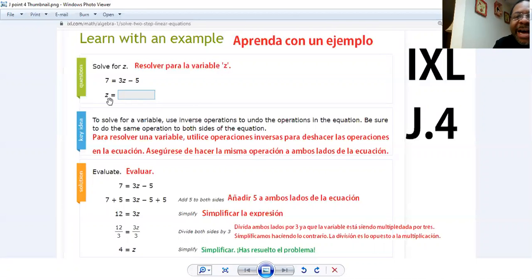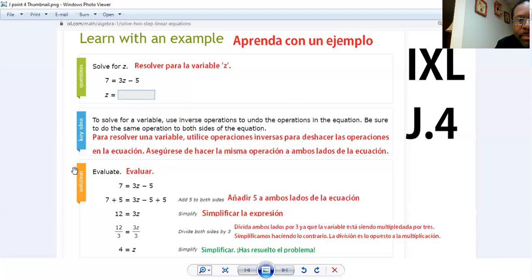In other words, do the opposite to solve the problem.